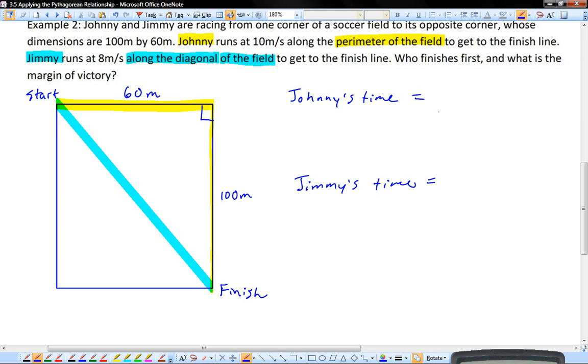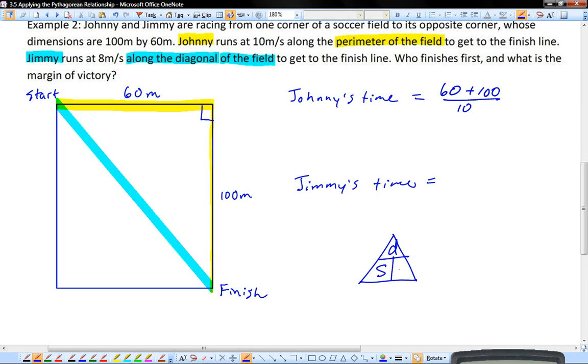So Johnny's time in doing his run, what we do is we take the total distance, which is 60 meters plus another 100, and we divide by his speed, which is 10 meters per second. Okay. By the way, if you're not sure about the whole relationship between distance, speed, and time, here's a really quick way to remember.